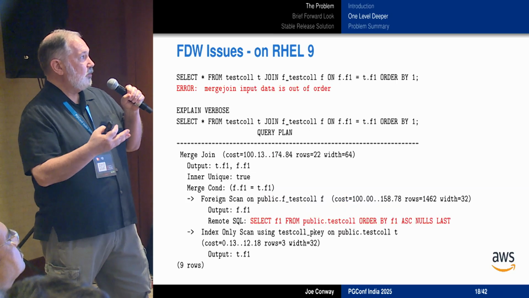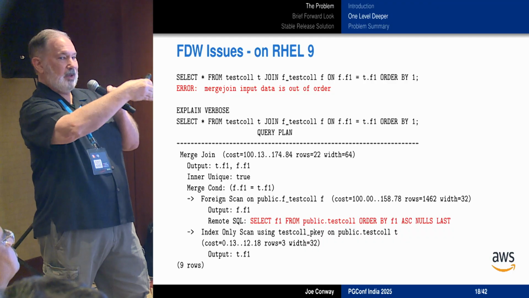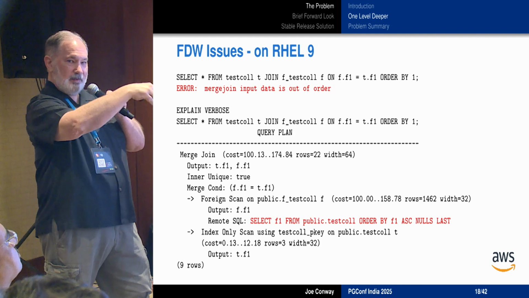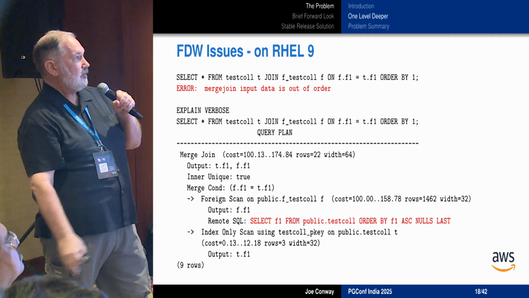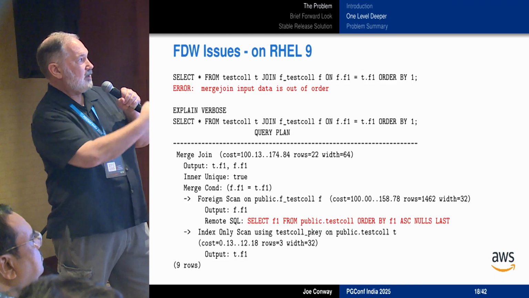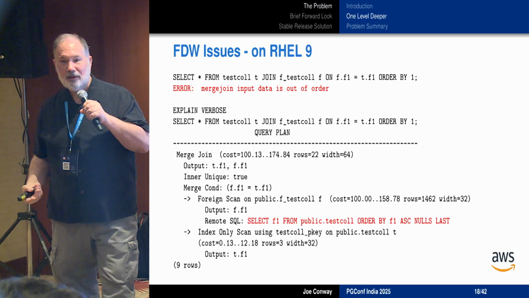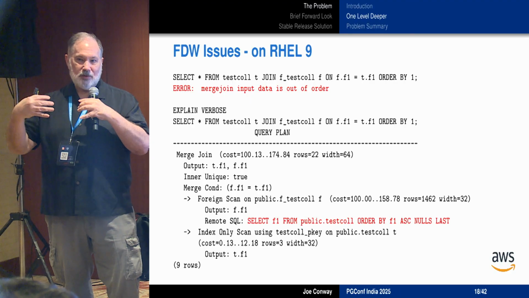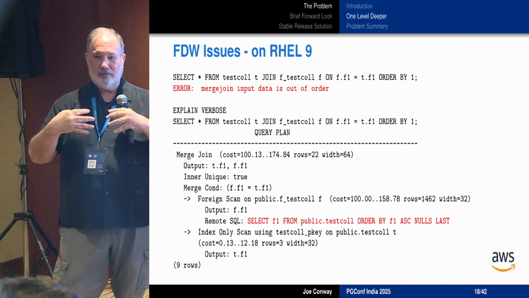So now when I do a join of my local table to my foreign table on that string column, ordering by the string column, I get this error. And why is that? It's because merge join expects the data on both sides to be sorted so that it can do the merge, right?